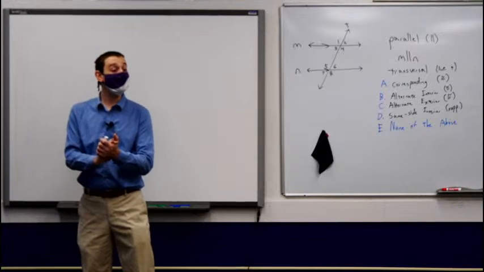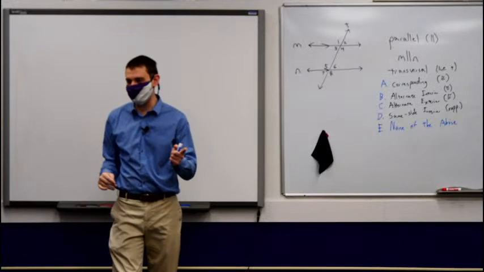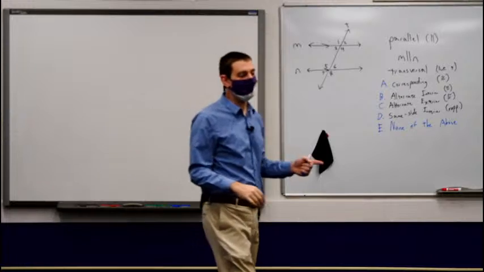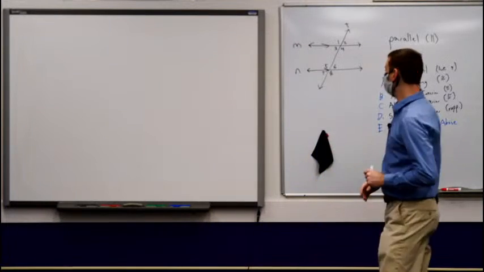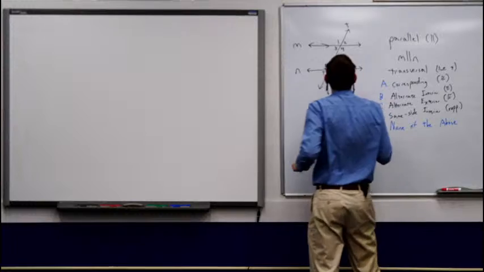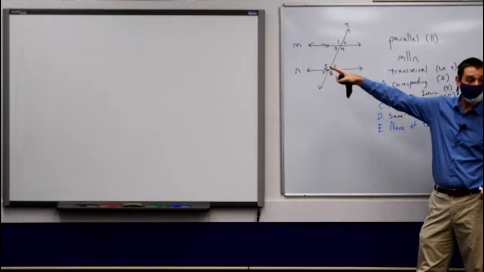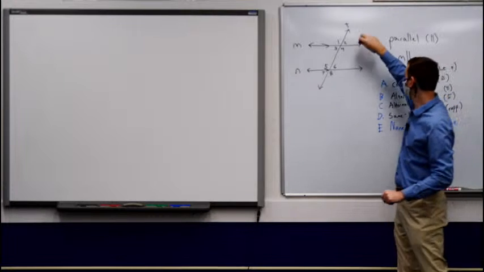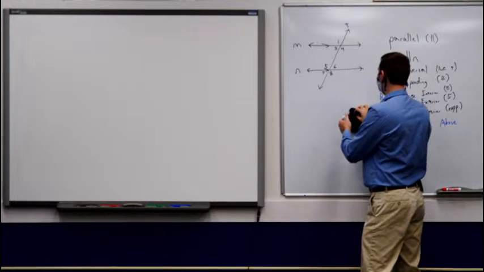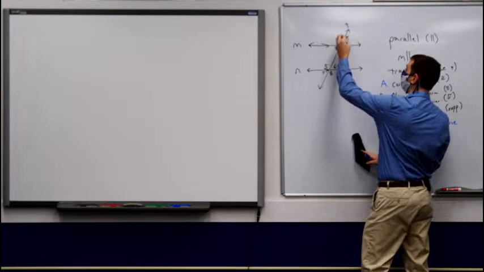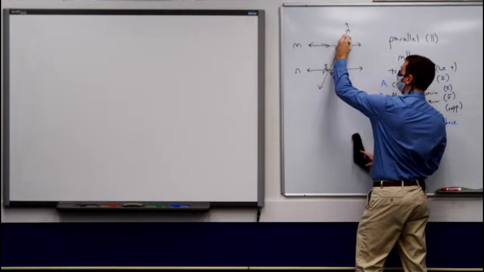Here is where we're going with this. This is the next example in your notes. Here's where we're eventually going with this. I should be able to give you one of these measurements. So the example in your notes gives this measurement here. It tells you angle 2 and says that it's 55 degrees.